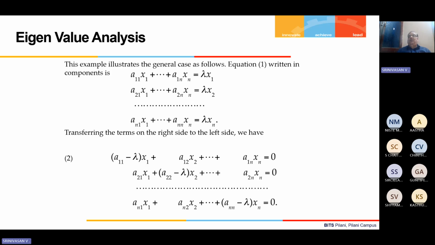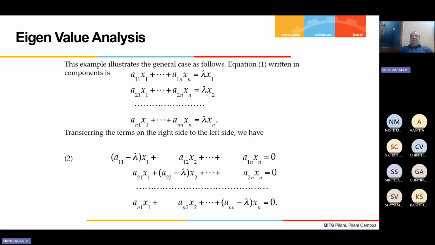N rows and n columns on the left hand side. That is a11 x1 plus etc. plus a1n xn equal to lambda times x1. a21 x1 plus etc. plus a2n xn equal to lambda times x2, etc. And the nth row, an1 x1 plus etc. plus ann xn equal to lambda xn. So this is exactly the expansion of your equation 1.